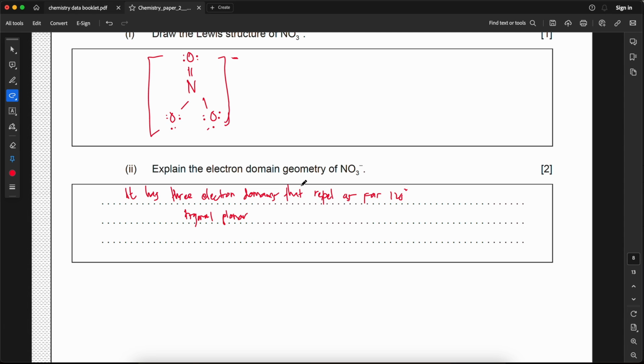So when the electrons are close together, they always tend to repel, and move far apart, but because NO3 has a trigonal planar shape, the furthest apart the electrons can repel each other is only 120 degrees.